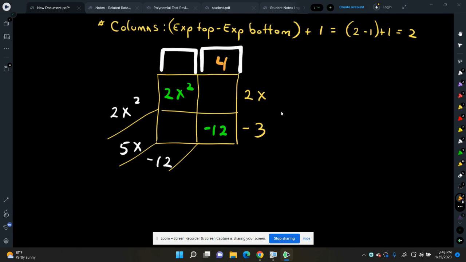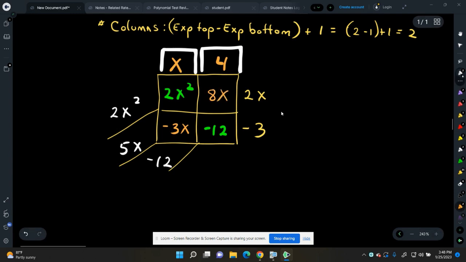What would I have to multiply the 2x times to get 2x squared? X. Okay, let's fill in the rest of our square. I have an x up here, and I'm multiplying it by negative 3, so I have negative 3x. I have a 4 up here, I'm multiplying by 2x, so we get 8x.